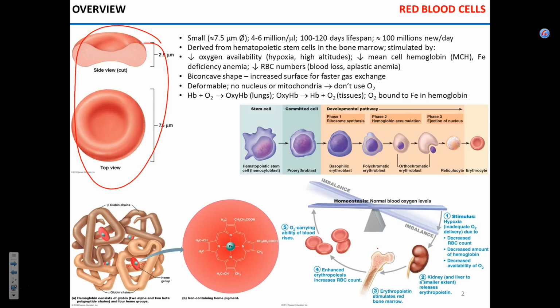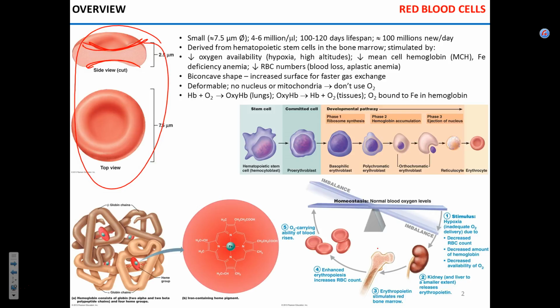It's called biconcave shape. They're small, 7 to 8 micrometers in diameter. They're generated in the bone marrow, and they live a pretty long and decent life, 3 to 4 months, until they are destroyed in the spleen or liver, mainly in the spleen.